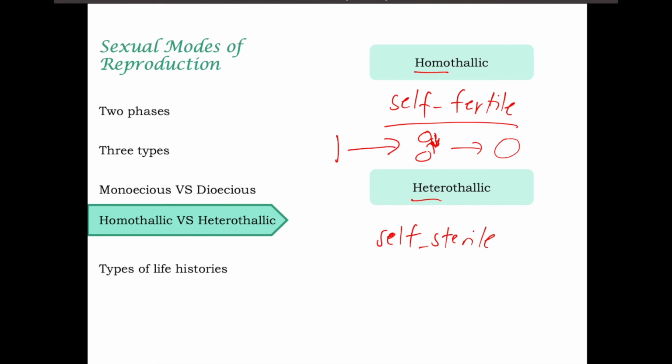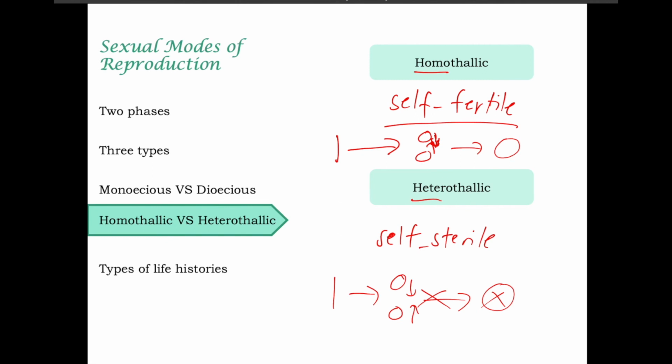Now, for the heterothallic, the self-sterile, when the gametes are from the same individual, so if this one produces 2 gametes, usually these 2 don't fuse together. It doesn't produce a viable offspring. Okay, so the gametes that are produced from that individual are incompatible.